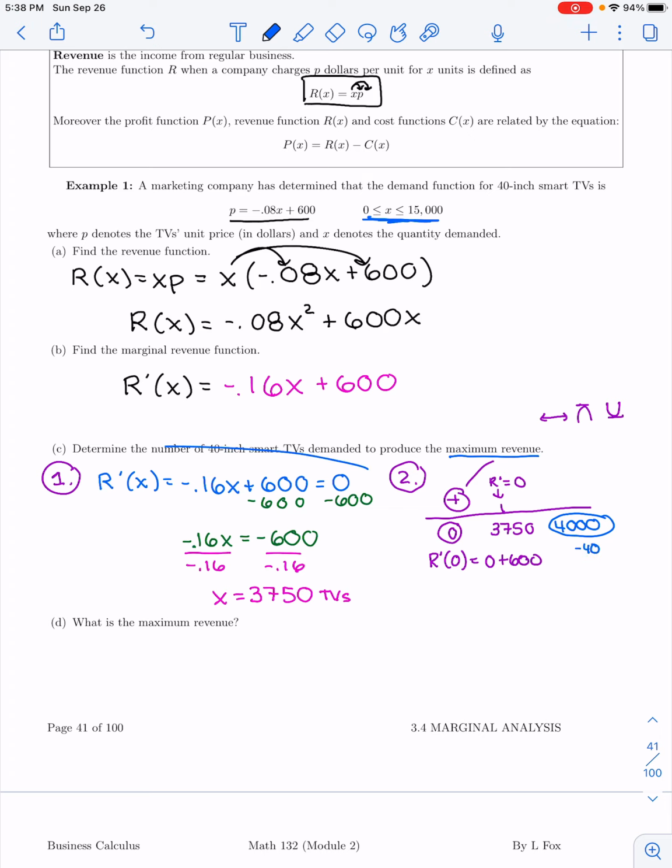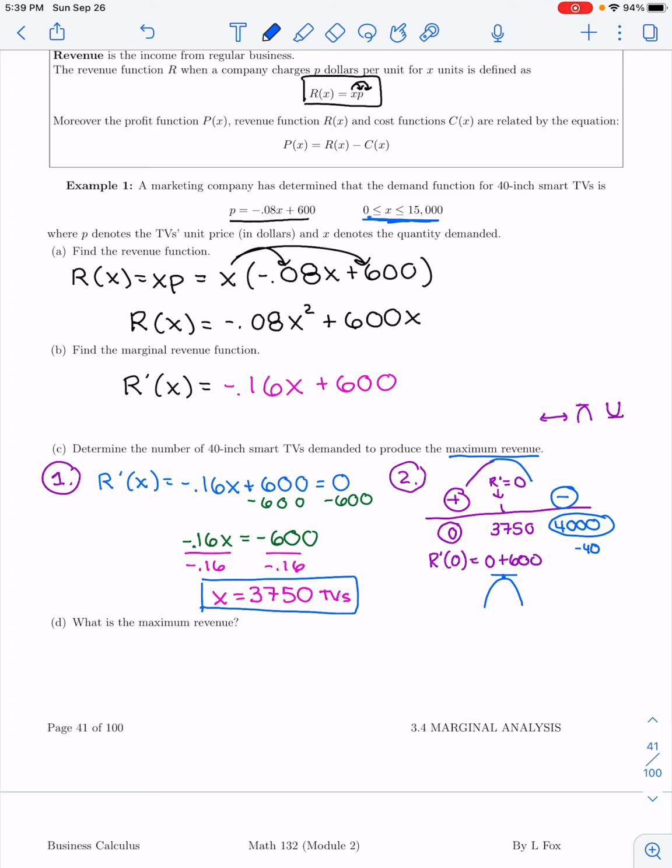So I plugged into this derivative here, it's written up here as well, and I'm getting negative 40. So we're getting a negative derivative, which means we went from increasing to a 0 derivative at our critical number back down to decreasing. So this is definitely going to be their relative max. So they should produce 3,750 TVs if they want to maximize their revenue.